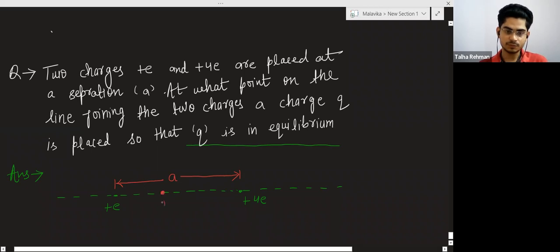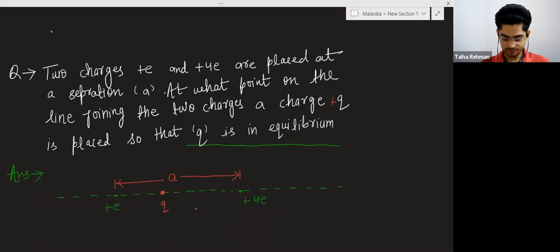This is Q, and Q with no sign we will consider a positive charge. We will check whether this is in equilibrium or not.